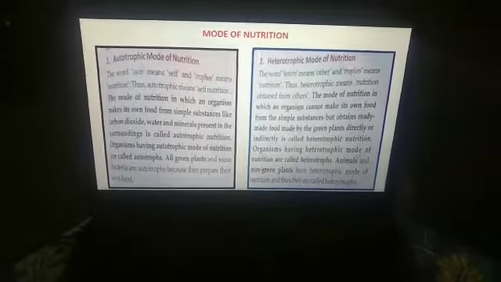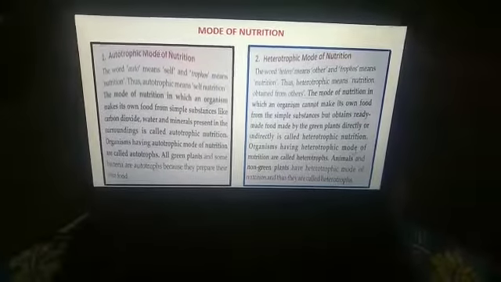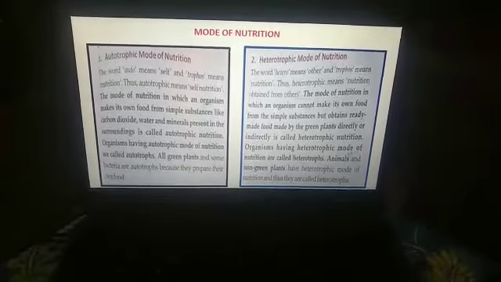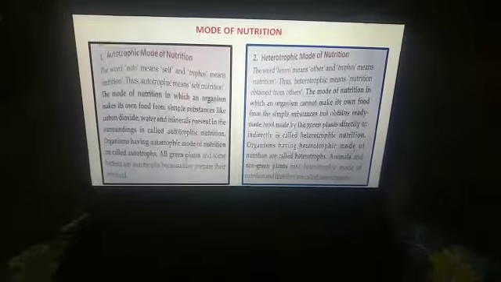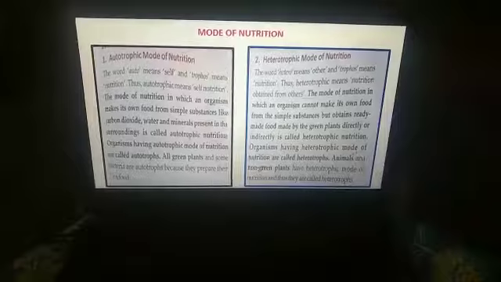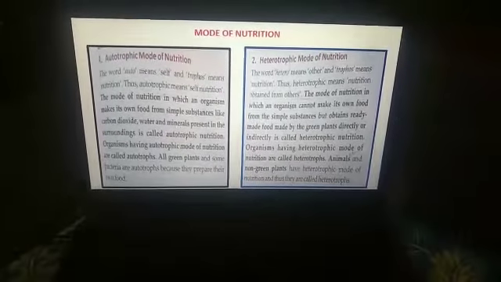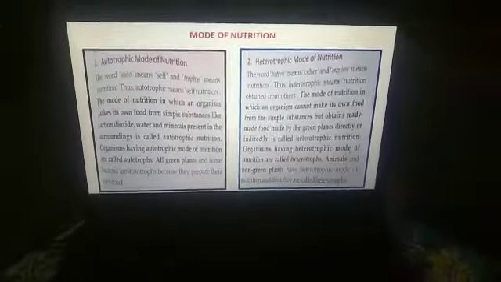So, heterotrophs obtain nutrition from others. So, the mode of nutrition exhibited by heterotrophs is called the heterotrophic mode of nutrition. So in this category, animals and certain non-green plants come.